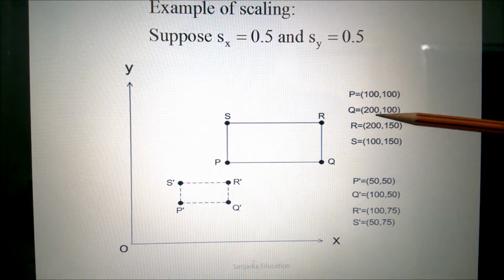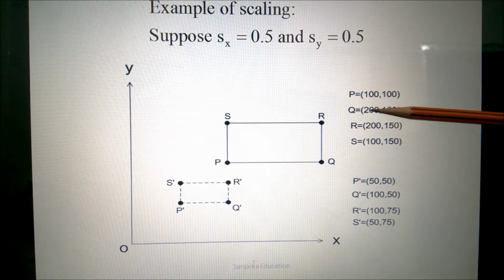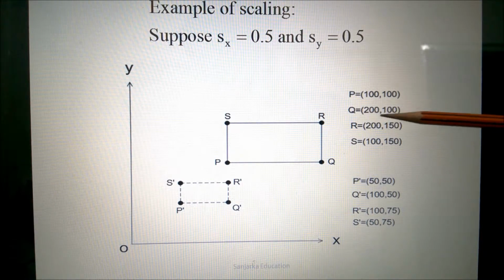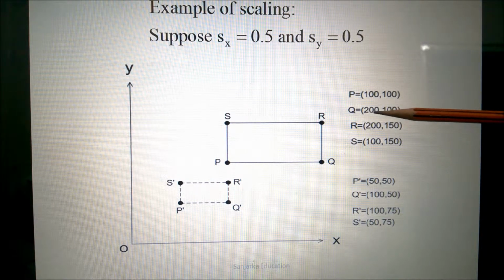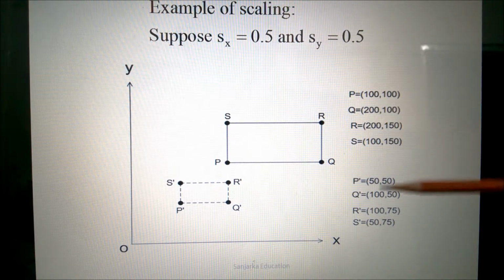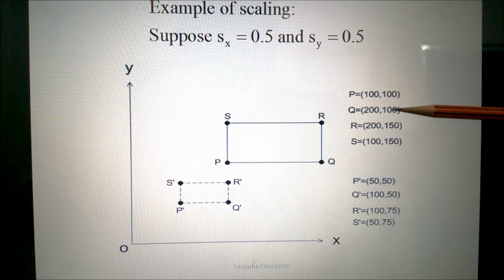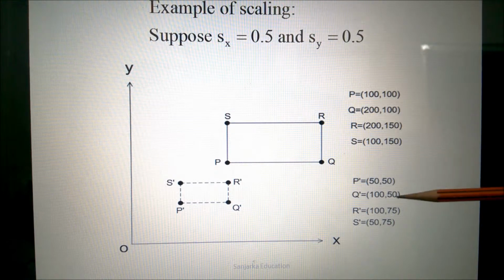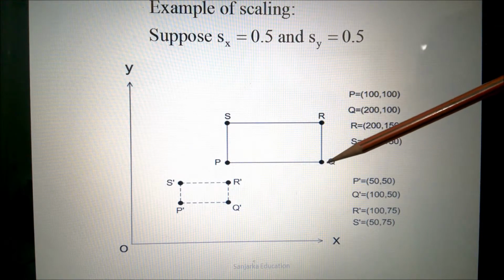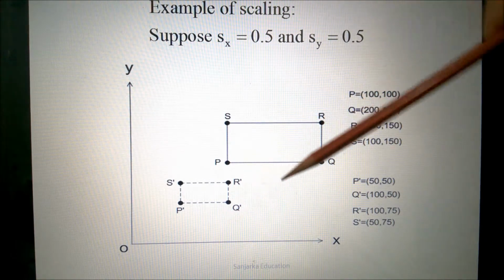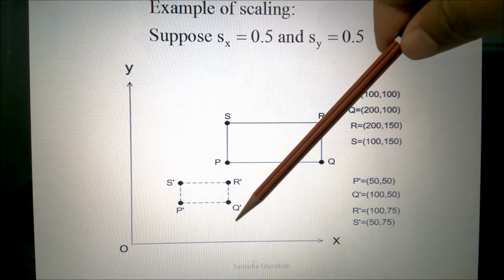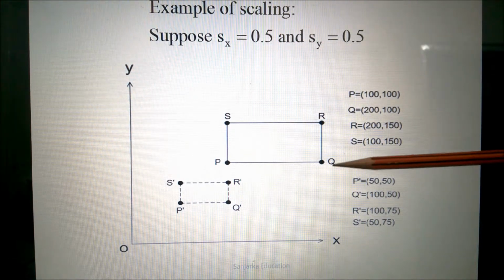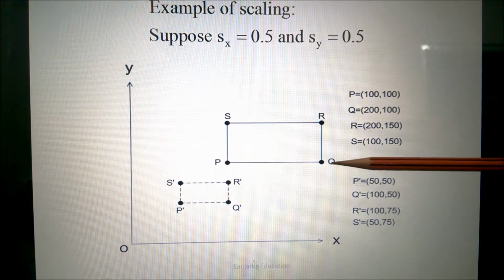Similarly, if you apply the scaling operation to Q, you multiply 200 by 0.5, it becomes 100, and 100 multiplied by 0.5 becomes 50. Therefore the Q dash coordinate is now 100, 50, whereas Q is 200, 100.